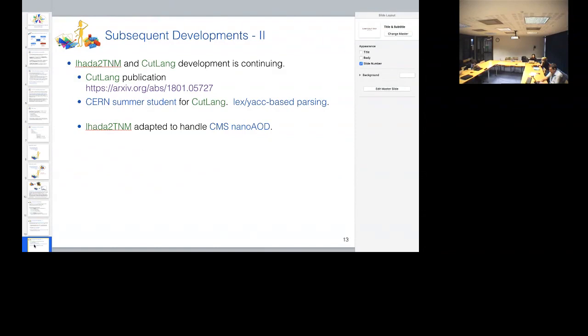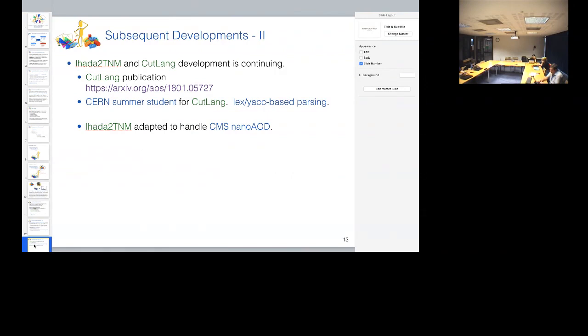One of the things that is very important, and this still needs to be done for the other approaches, is to make these tools much more robust. And in fact, a great step was taken not too long ago with Cutlang, in which it was basically rebuilt using LEX YACC based tools for parsing in order to make the parsing of these files much more robust.